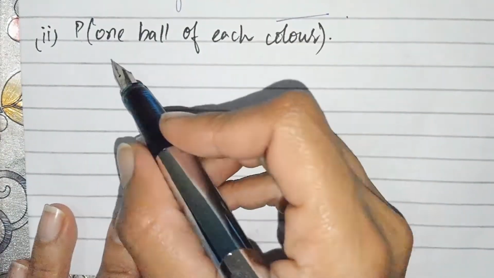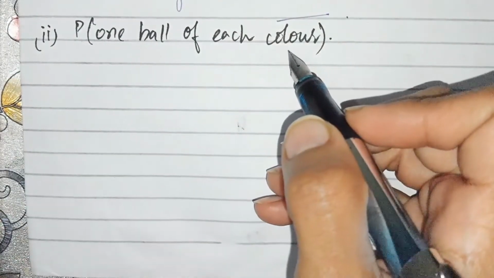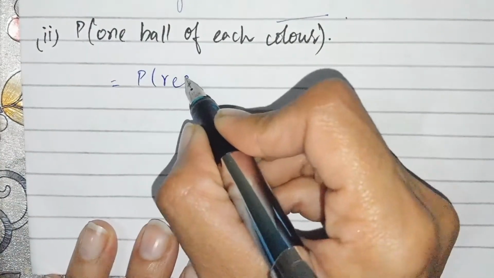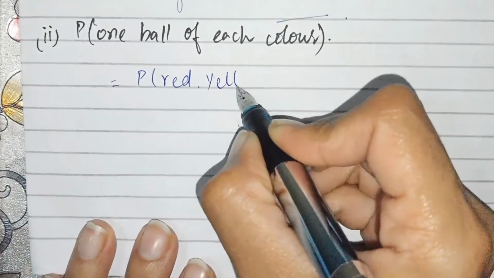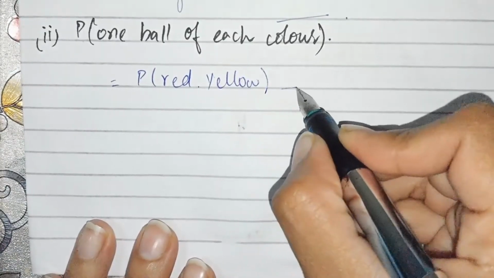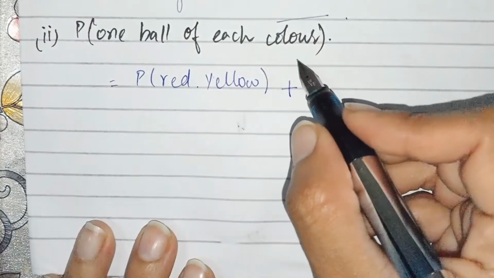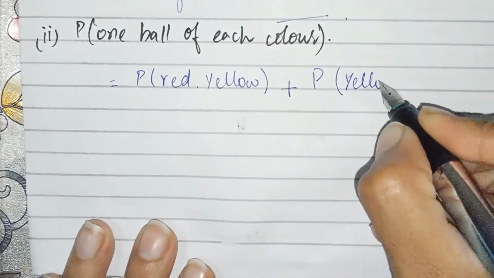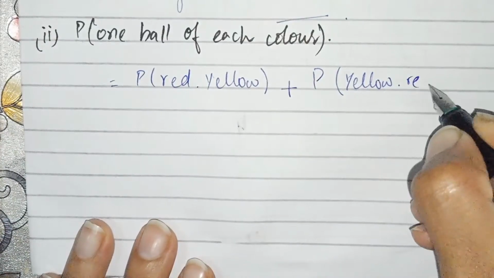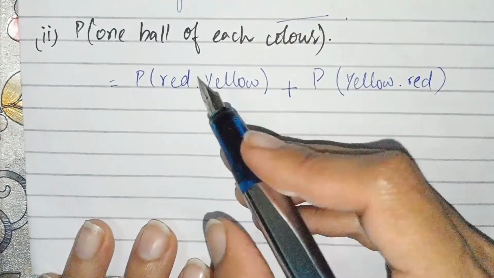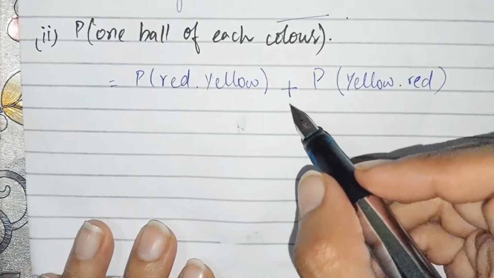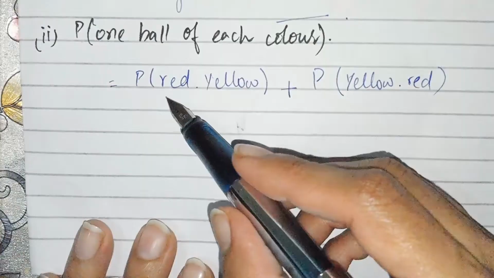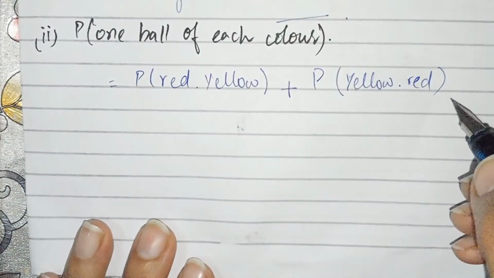Now students, part number 2, probability of 1 ball of each color. The probability is red and yellow, plus, which means the addition sign, probability of yellow and red. This is the probability of getting 1 ball of each color. It may be red and yellow, it may be yellow and red.